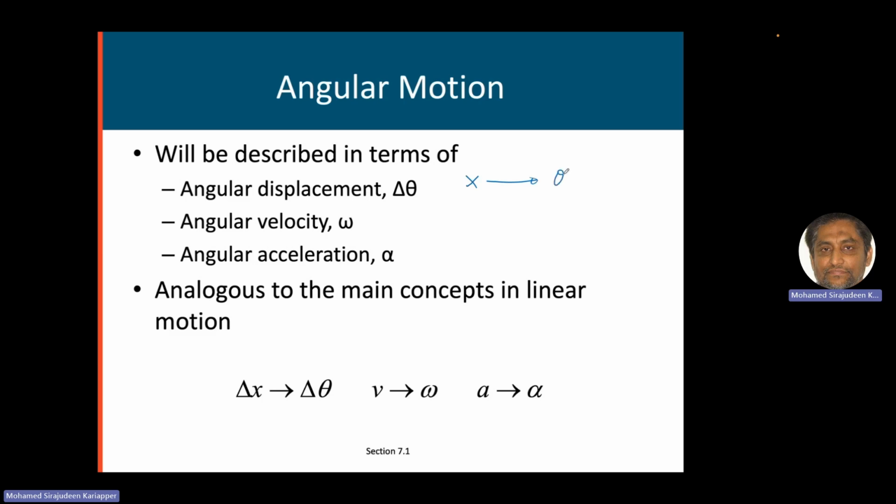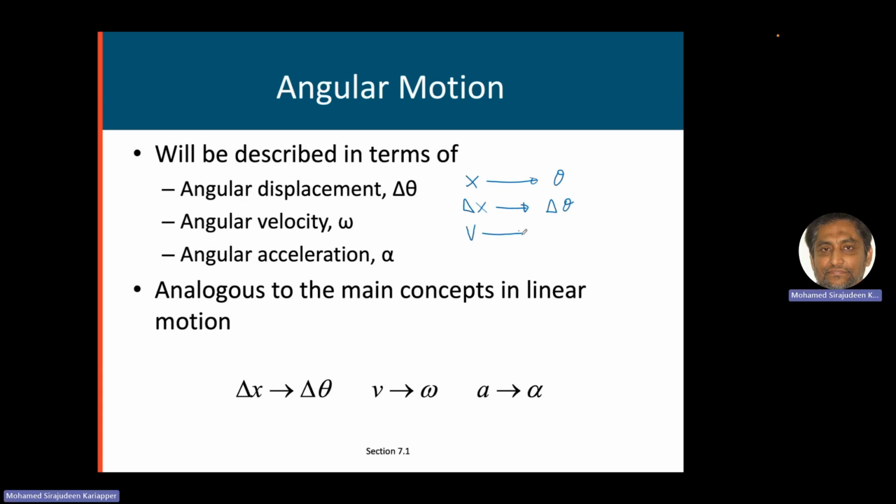So we say that is angular position. So that means displacement, which is delta x, will be replaced by angular displacement. That's all. So once you understand what these theta, delta theta, and so on mean, we will automatically have all the equations we need, which we have learned already.